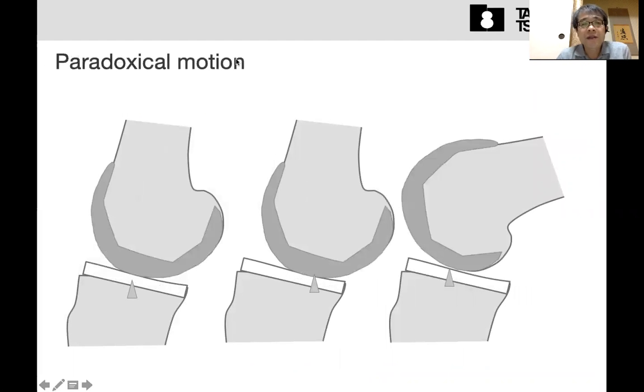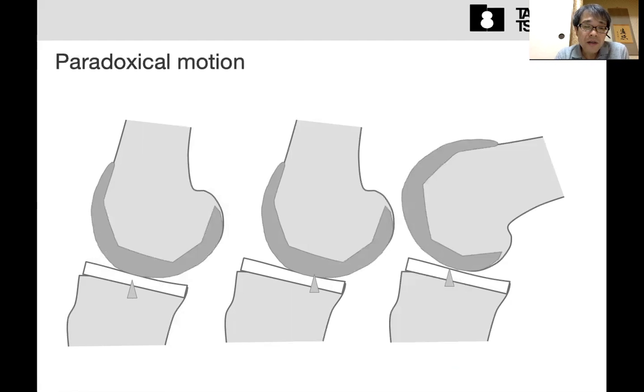In addition, in the CR knee, we sometimes experience paradoxical motion. That means in the initial phase of flexion, the contact point moves anteriorly.